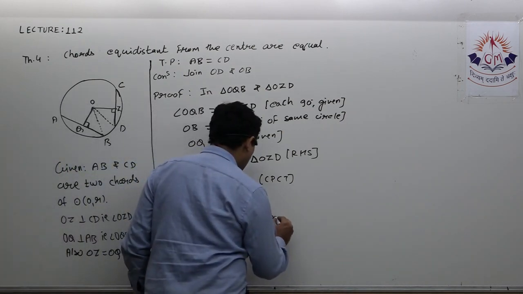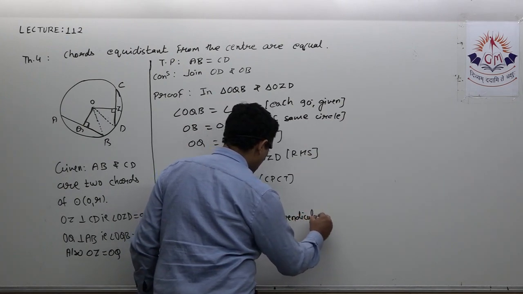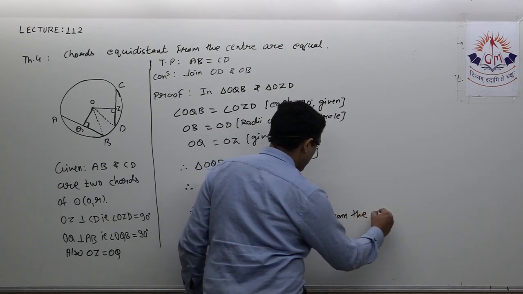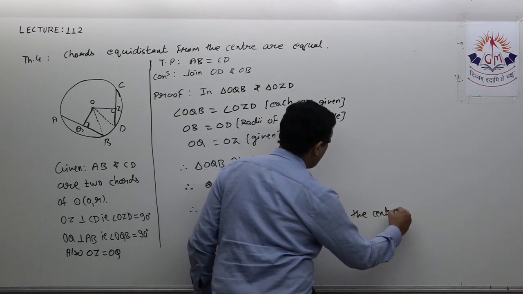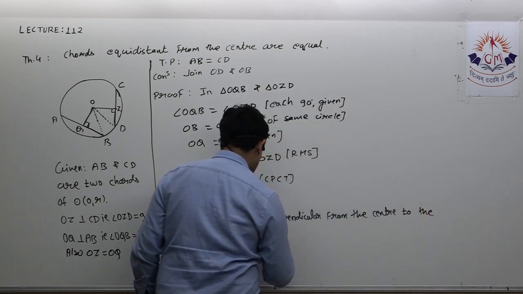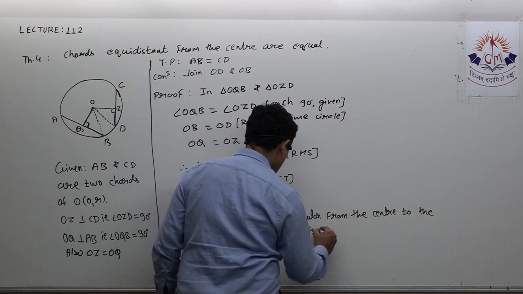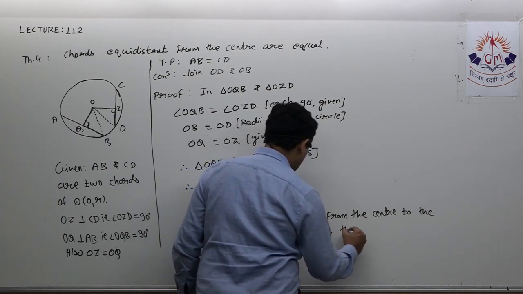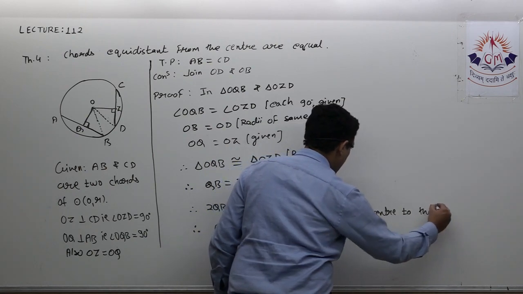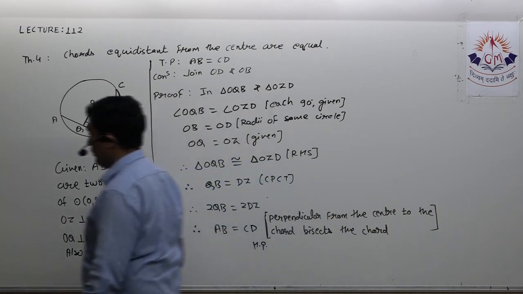So here I write that reason: perpendicular from the center to the chord bisects the chord. Okay, so hence proof: AB equal to CD.